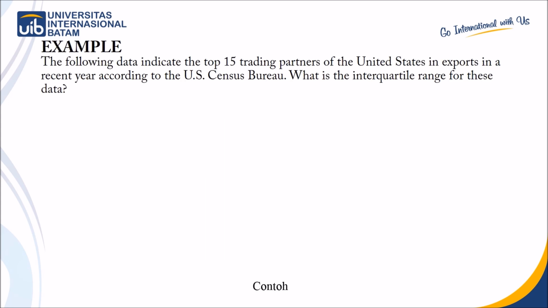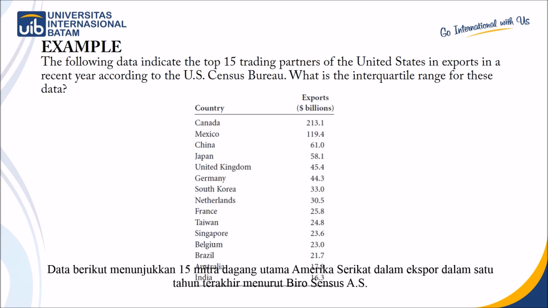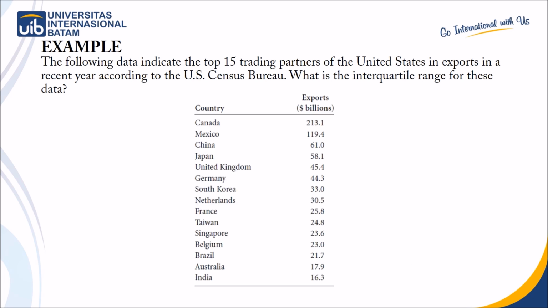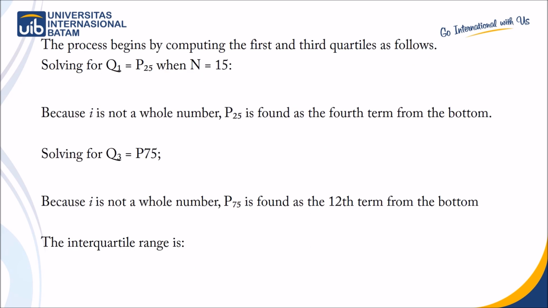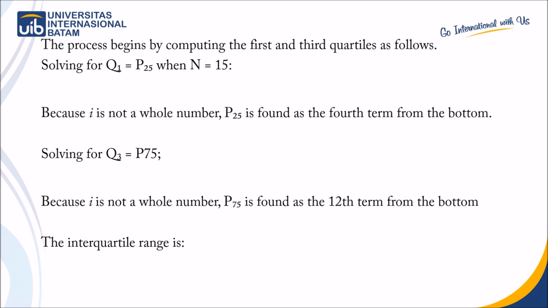Example. The following data indicate the top 15 trading partners of the United States in export in a recent year according to the U.S. Census Bureau. What is the interquartile range for this data? The process begins by computing the first and the third quartiles, using the formula we learned in the last meeting.